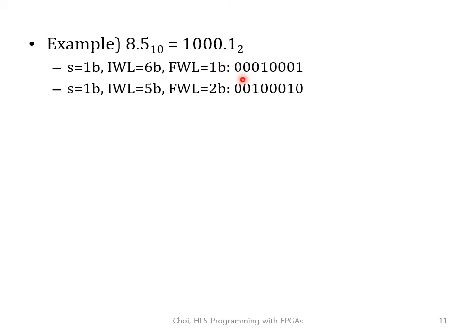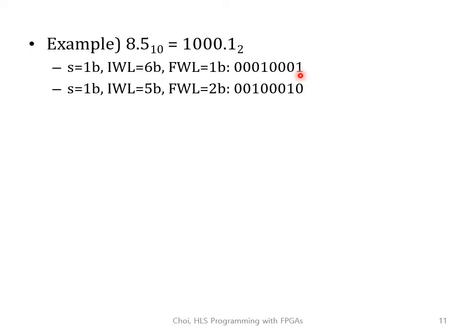And then put down the integer bits. Integer 8 requires 4 bits, 1000, and since the IWL is 6 bits, we can add extra 2 zeros before writing down 1000. And finally, we can put down the fractional bit 1.